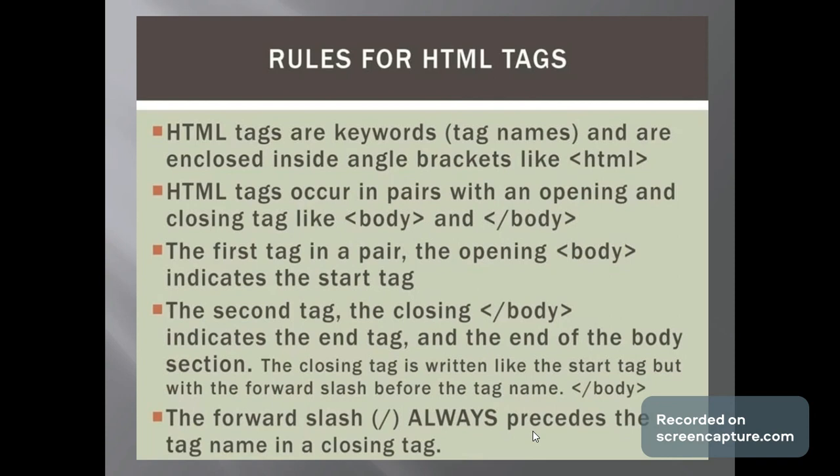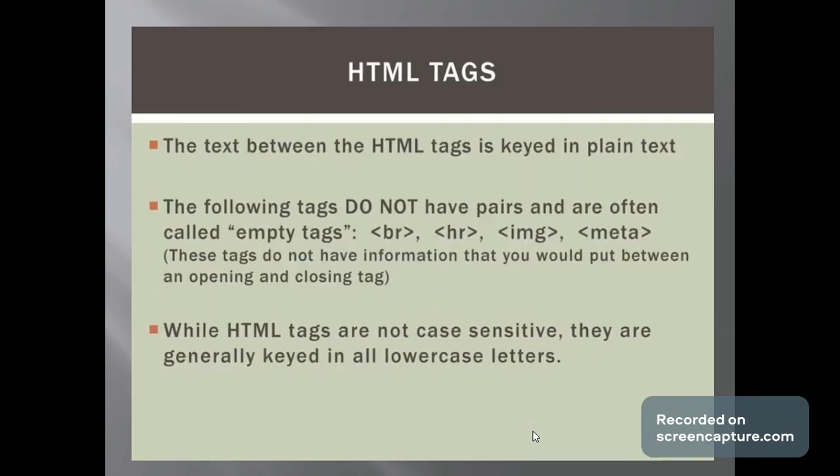The second tag, the closing </body>, indicates the end tag and end of the body section. The closing tag is written like the start tag but with the forward slash before the tag name, </body>. The forward slash always precedes the tag name in the closing tag.